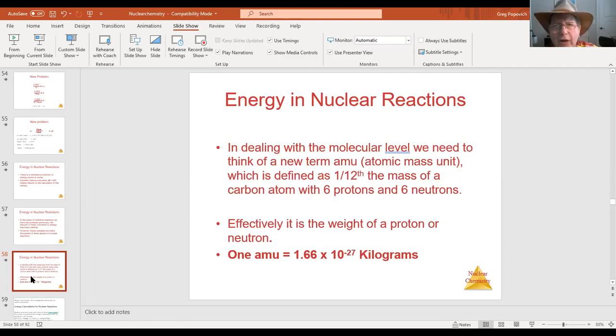And 1 AMU is equal to 1.66 times 10 to the minus 27 kilograms. Important slide. You need to know what an AMU is and what the conversion rate is.